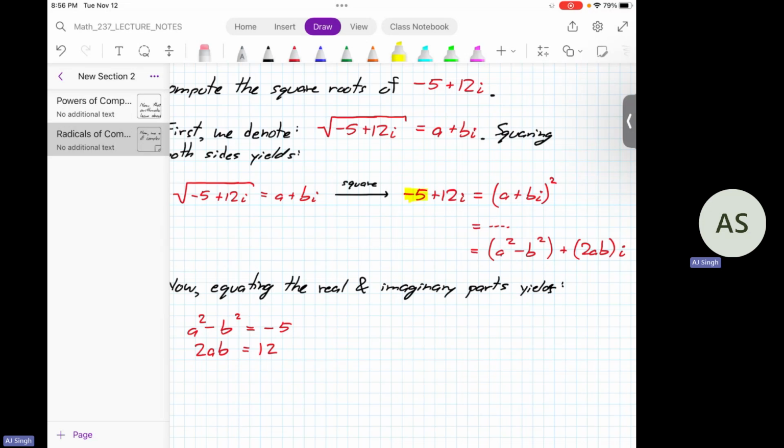Right, so this yellow stuff had better equal this yellow stuff. That's this equation. And this blue stuff has to equal this blue stuff, not including the i. That's this blue equation. That's what we did.